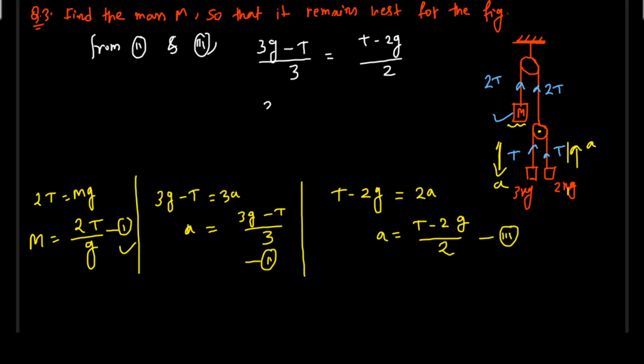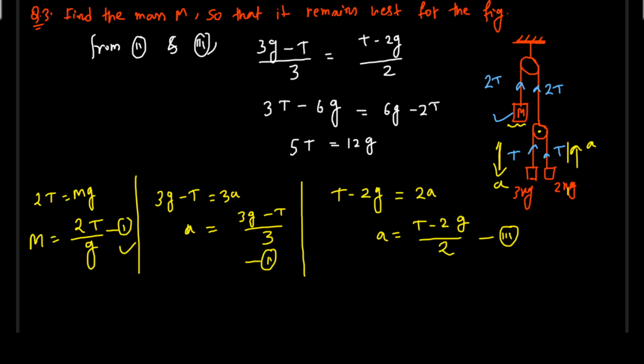Cross multiply: it will be 6G minus 2T on one side and 3T minus 6G on the other. So 5T is equal to 12G.